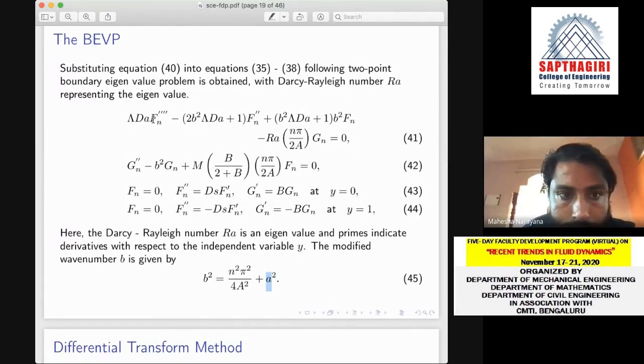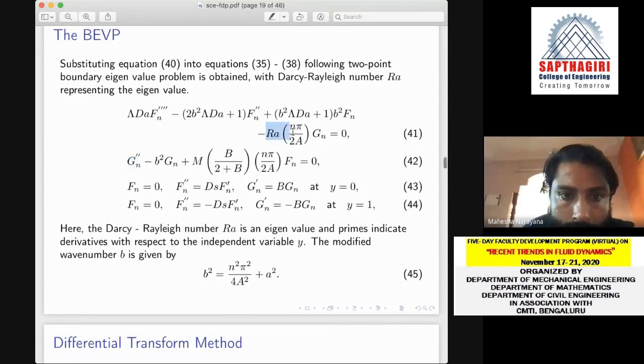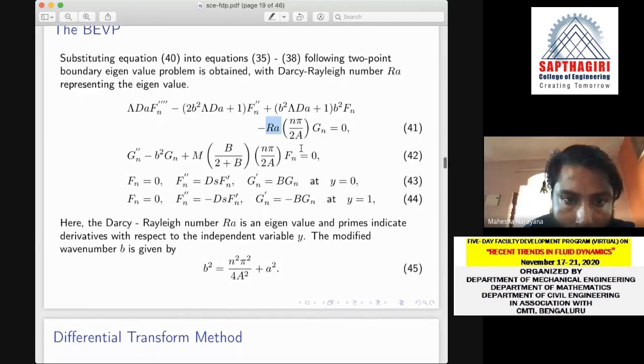So you see, it's a fourth order differential equation in Fn and a second order differential equation in Gn, and you have the 6 boundary conditions subject to those two differential equations. And Ra is going to act as an eigenvalue.